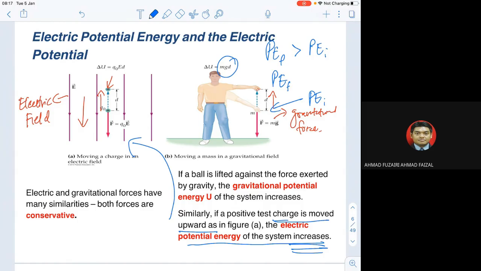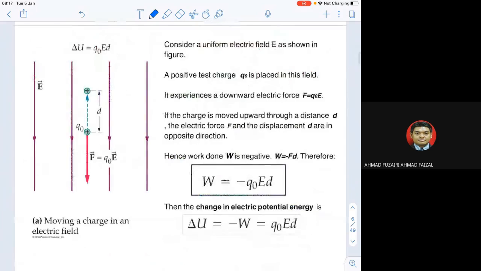All right, let's consider a uniform electric field E as shown in the figures, with a positive test charge. The test charge behaves like a positive charge, which is why it is called a positive test charge, meaning we assign it a positive value to see what happens.